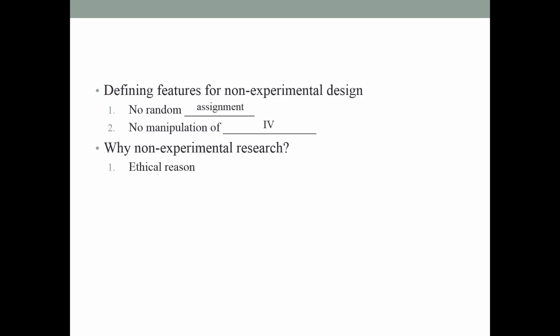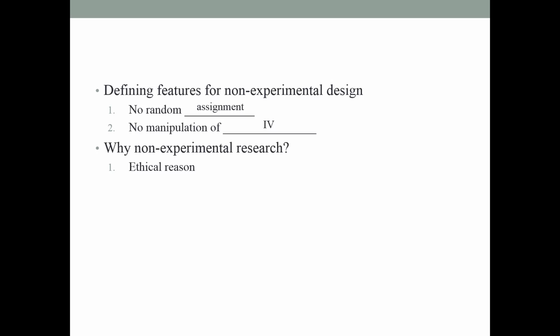Now, why do we need to do non-experimental research? For example, for ethical reasons. Say you want to study whether children of alcoholic parents later in their lives have relationship problems or some other difficulties.